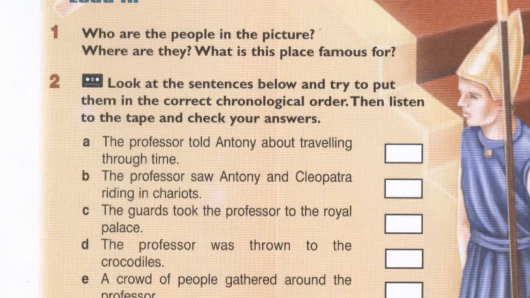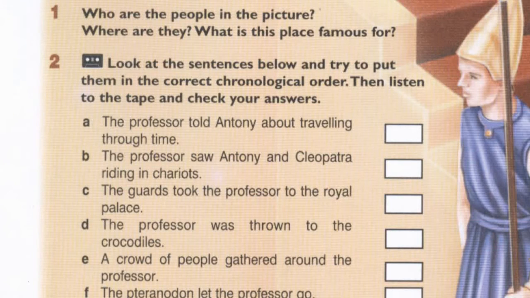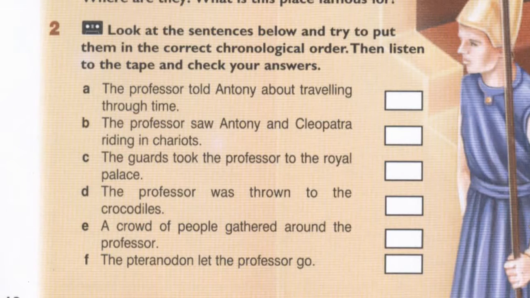So here chronological order means put them in order on the basis of time. Which one happened first, and later, and next. Okay, put them in order and then listen to the tape and check your answers.